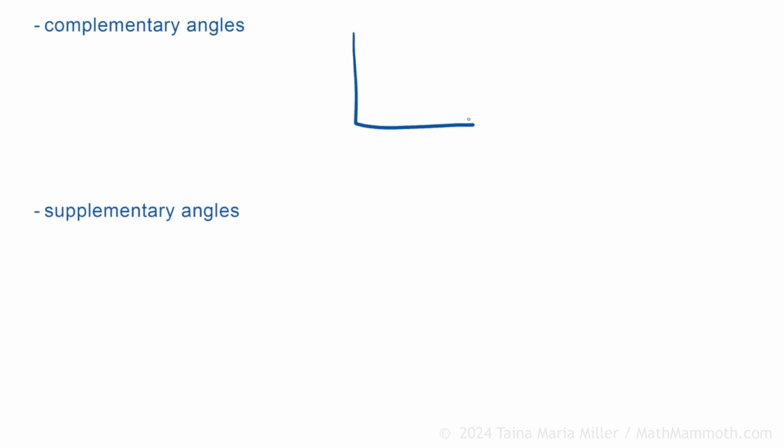This is my corner, and complementary angles, two of them, form together a right angle. So I could have, for example, this one angle, and then this one here is the other one. Together they form a right angle, or corner, so to speak, so they're complementary.